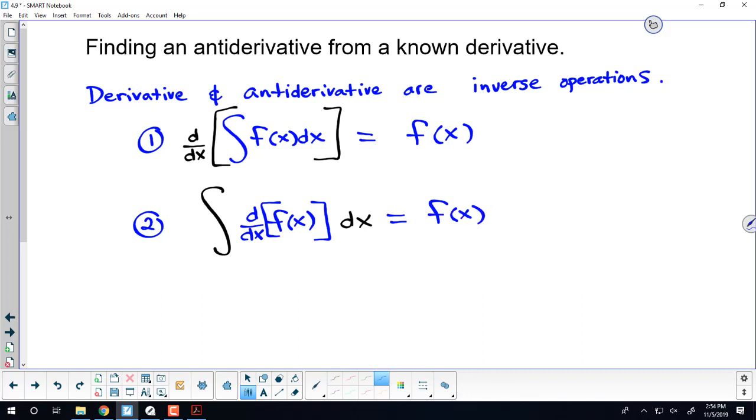More technically, if we perform a derivative, we get some function, and then when we take the antiderivative of that function, a more general antiderivative is f of x plus c. But the idea is that if I apply one and then the other, I'm back to where I started, with the exception of the plus c, which we can address later.